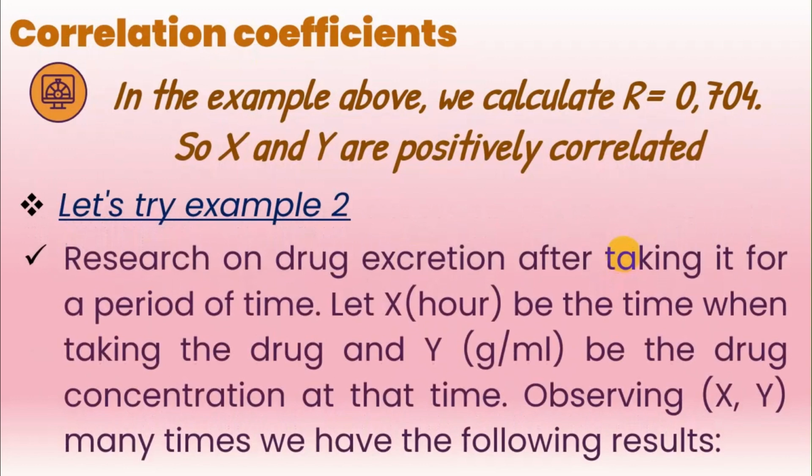Let's try example 2. Research on drug excretion after taking it for a period of time. Let X be the time in hours since taking the drug, and Y be the drug concentration at that time, in mg/ml. Observing X and Y many times, we have the following result.